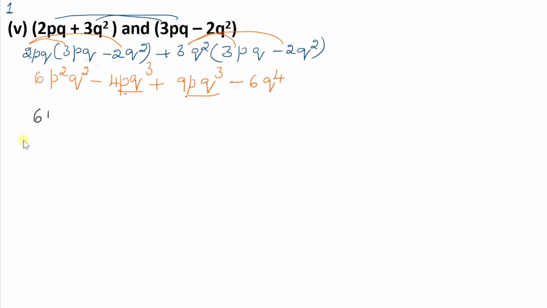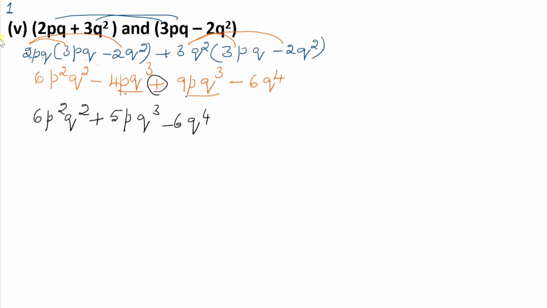Now it is 6p square q square. Here you are adding minus 4 with plus 9. You need to find the difference of these two, which is 5, and the larger number has a positive sign. So we put a positive sign here. So plus 5pq cube minus 6q to the power 4.